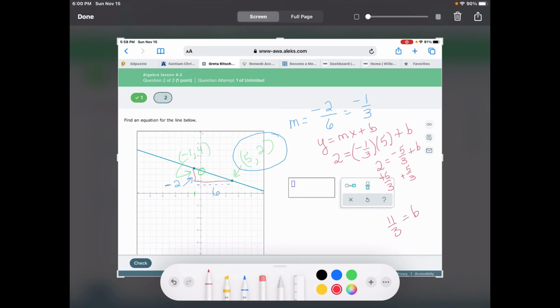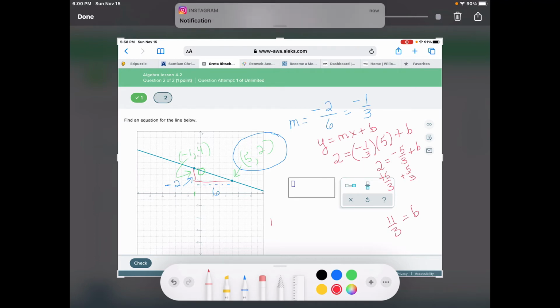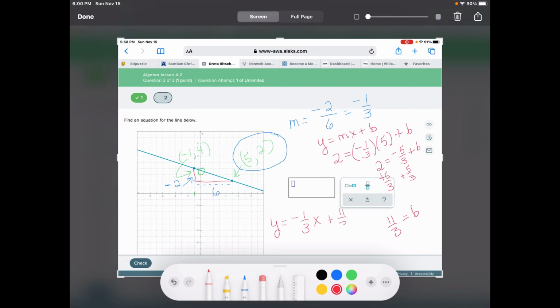And so I should be able to write this equation like this. Y equals negative 1/3 x plus 11/3. And that should be fine if I can remember it when I get back to the screen.